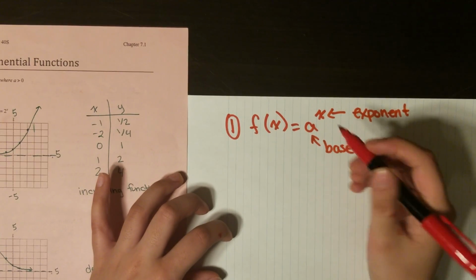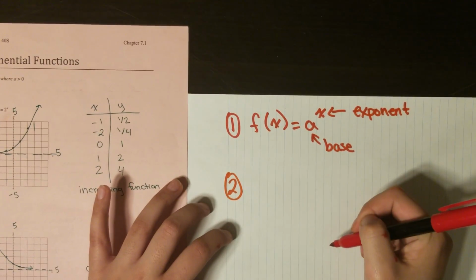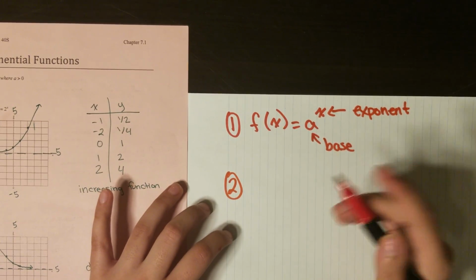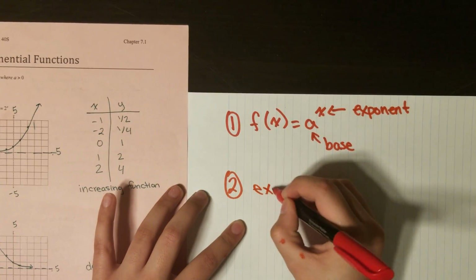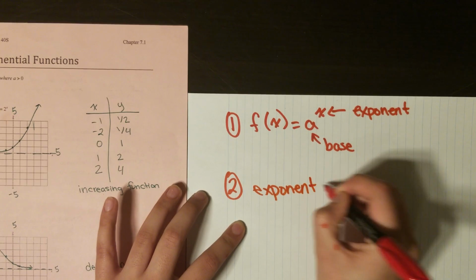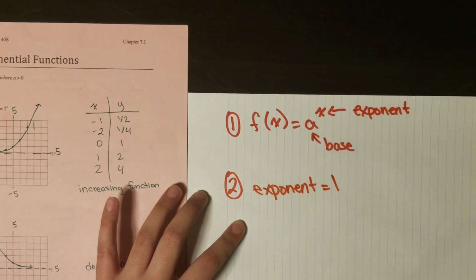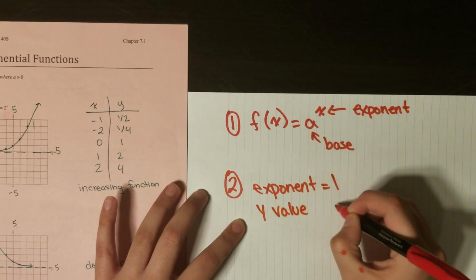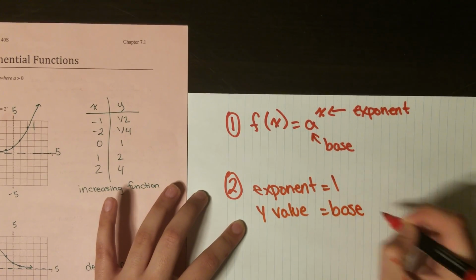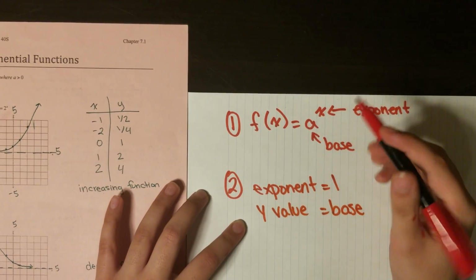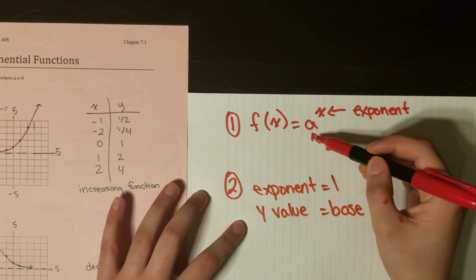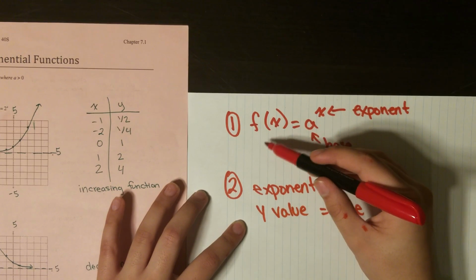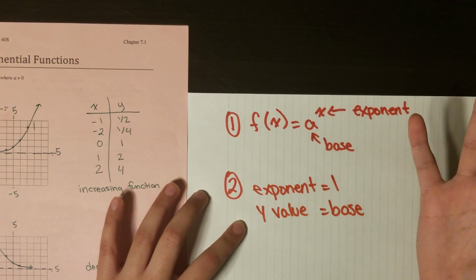The second rule: when the exponent is equal to 1, your y value is equal to your base. If this was a 2 right here, and I had an exponent of 1, my y value would just be 2, which is also just my base.